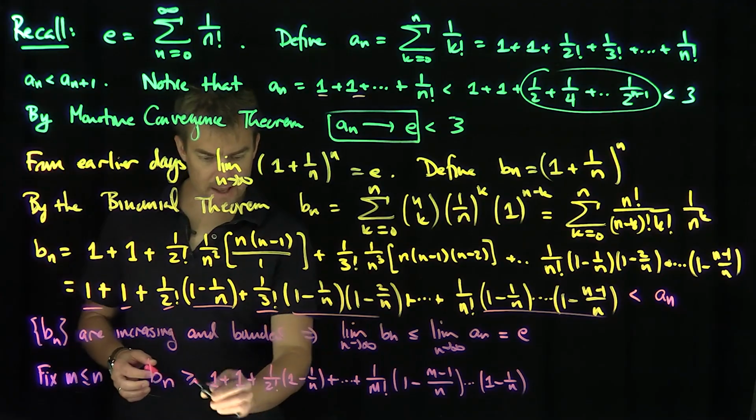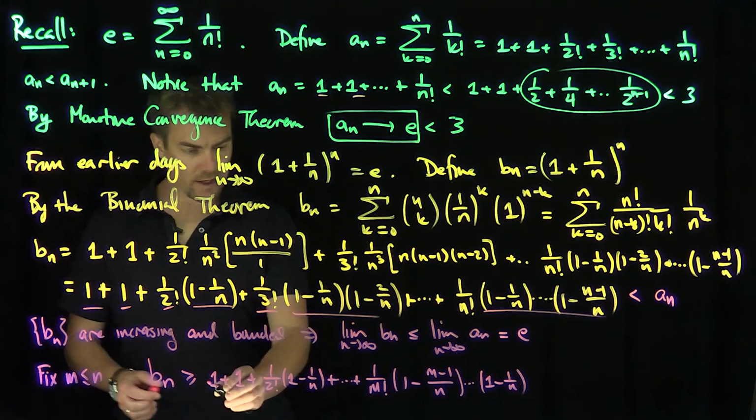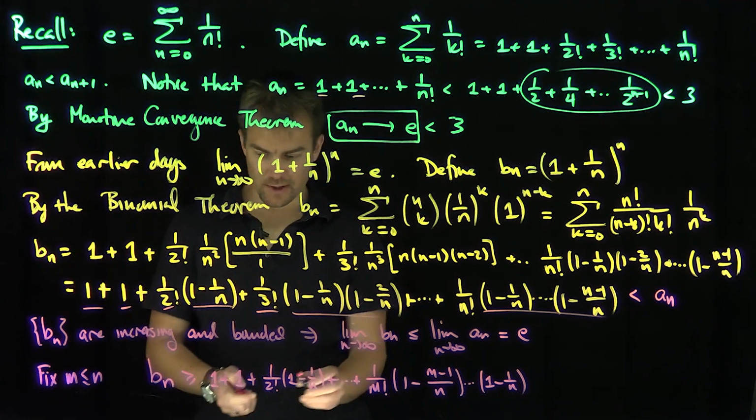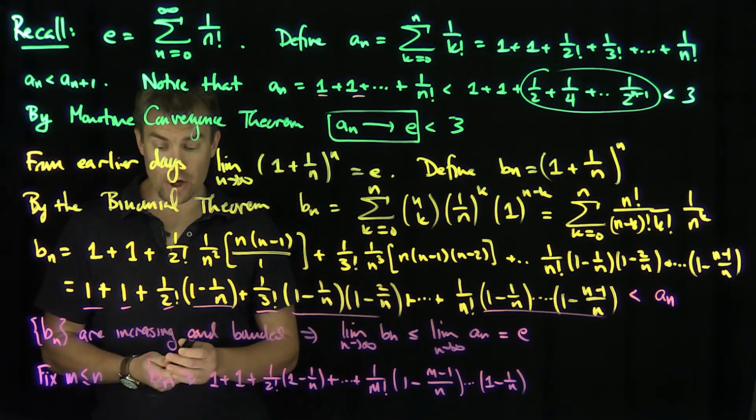In other words, I take this bn and I look at the first m terms of this sequence, and now I'm going to let n go to infinity.